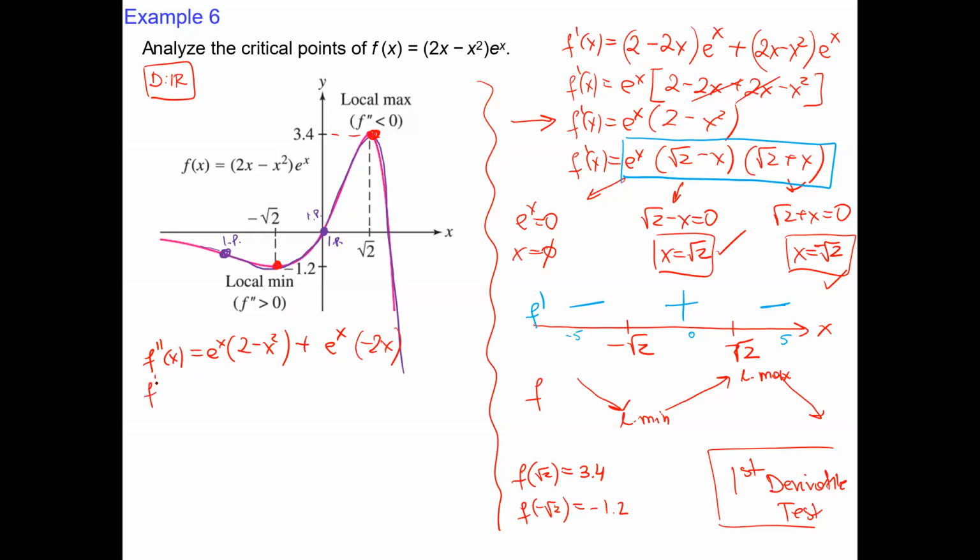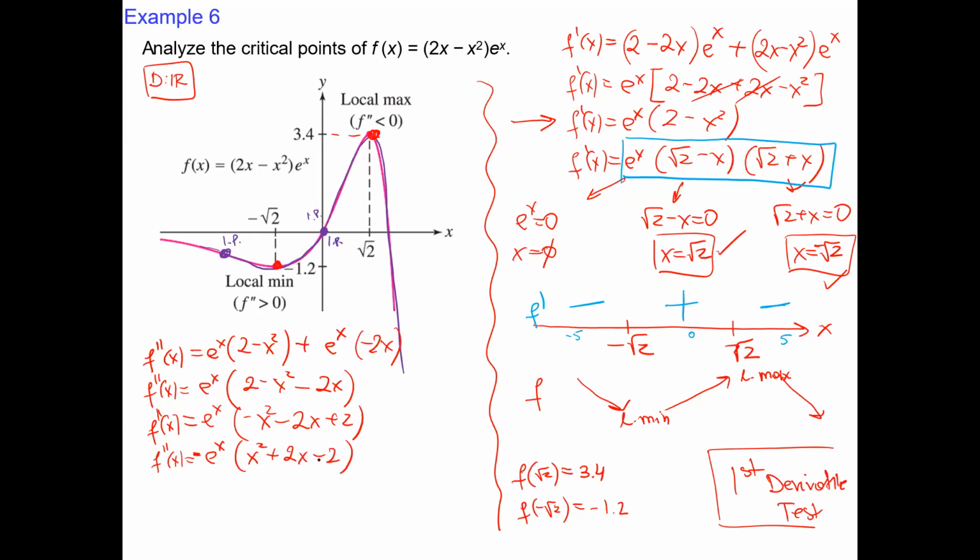Let's make a nice form. We will factor out e to the x, 2 minus x squared minus 2x. Let's put negative x squared minus 2x plus 2, and hopefully we can factor. Actually, let's put negative outside, then we will have x squared plus 2x minus 2.